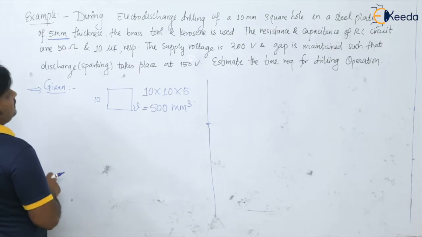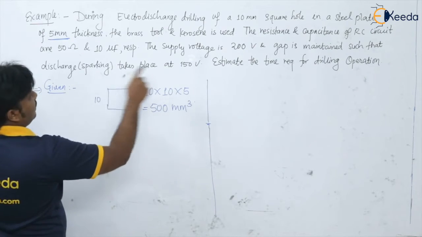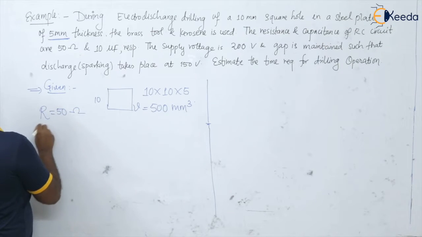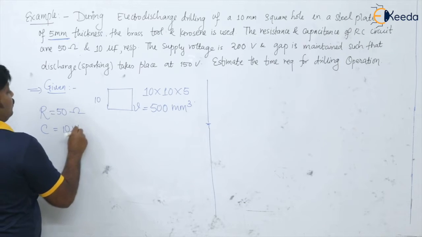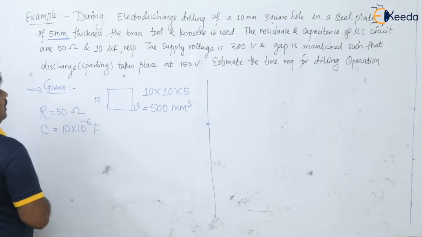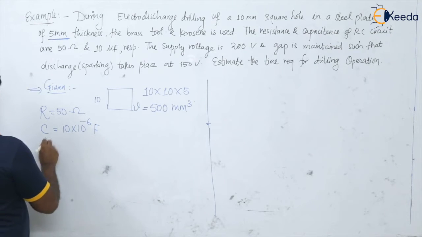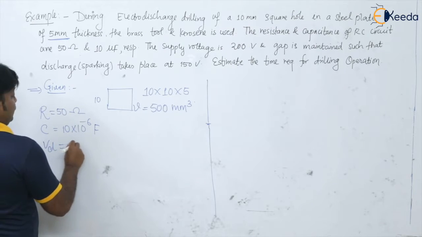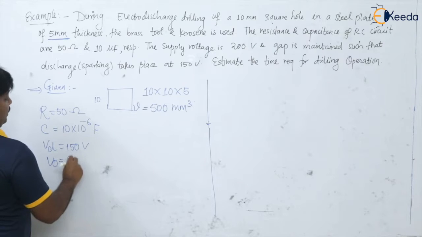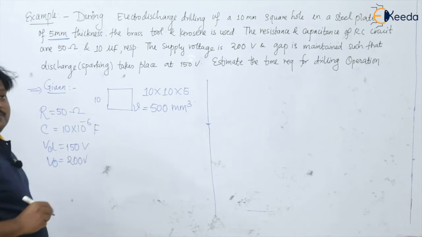So next, the resistance is how much? 50 ohm, and capacitance is 10 microfarad, so 10 to the power minus 6 farad, and we are having the discharge voltage of 150 volts, whereas the supply voltage is how much? 200 volt, isn't it?